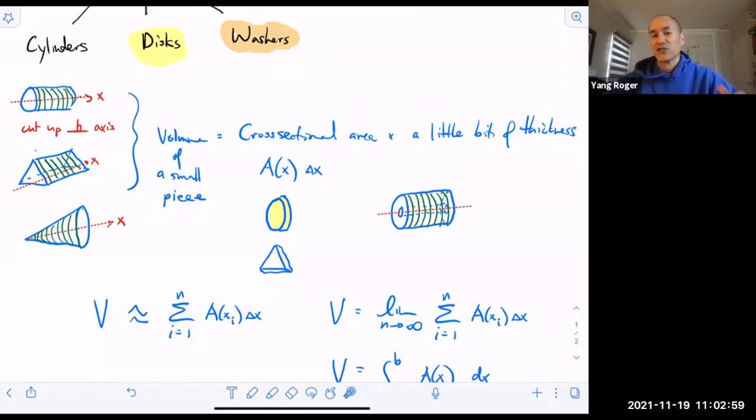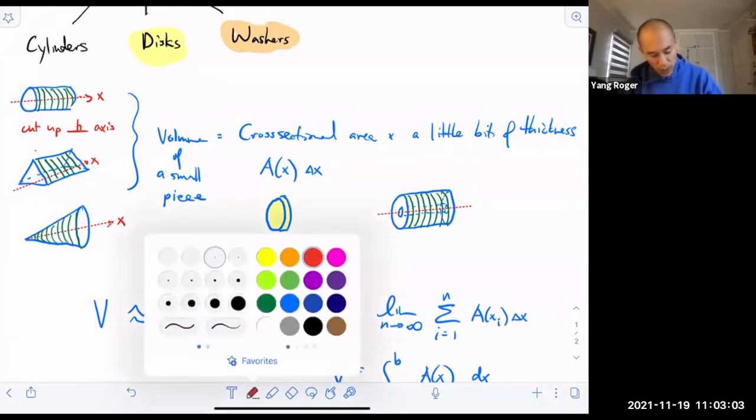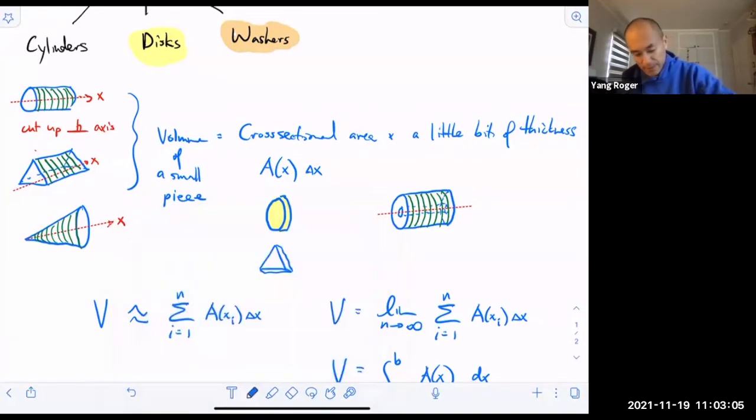If I were to draw a picture, a washer looks like this. It's a disc with a hole in it. So this is our washer situation.